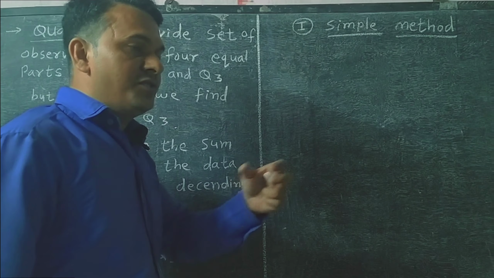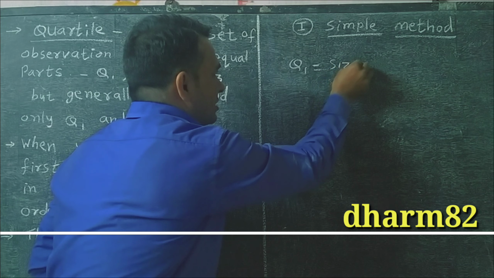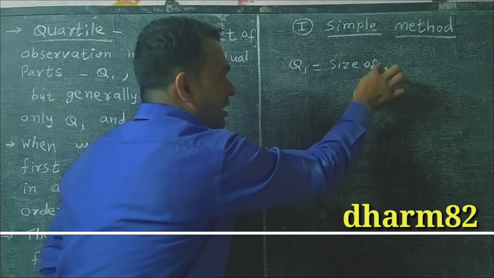Means first we use the simple method. Before solving, first we see the formula. Like for Q1, in Q1, this one is the ith value. Then here we write the size of the ith value in a bracket, put up here, (n plus 1) divided by 4th observation.